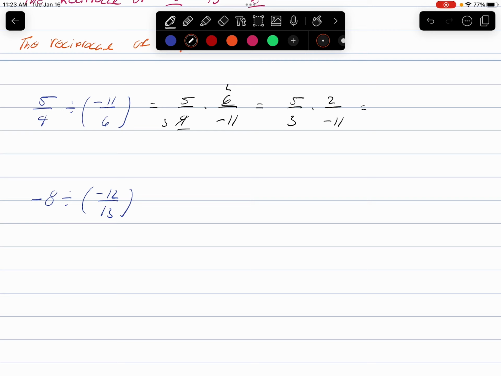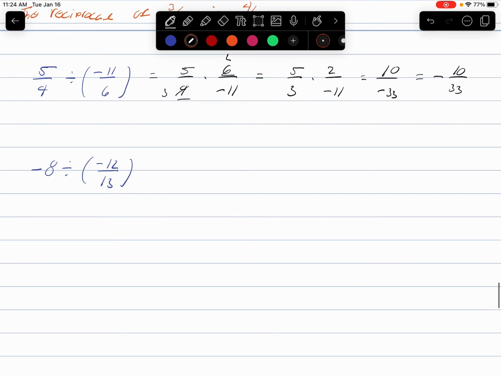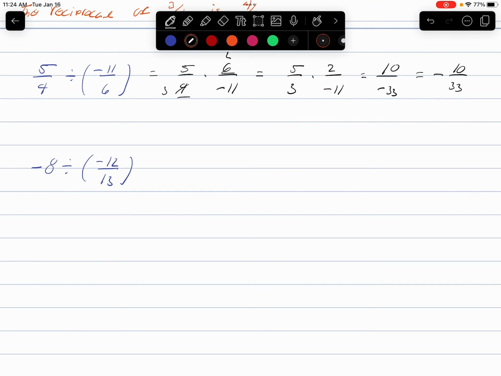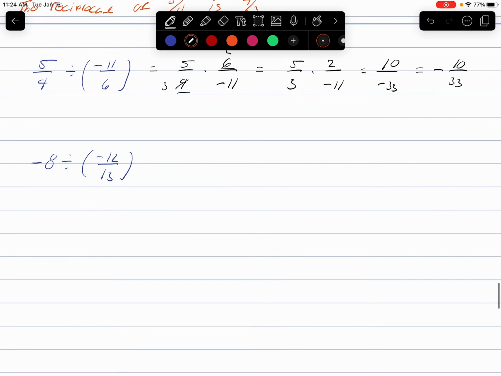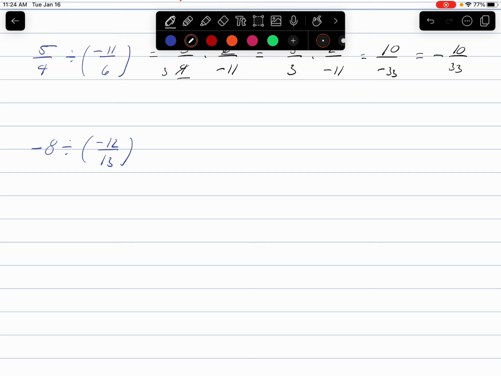If we multiply straight across, we're going to end up with 10/33. Or we can write this as -10/33.